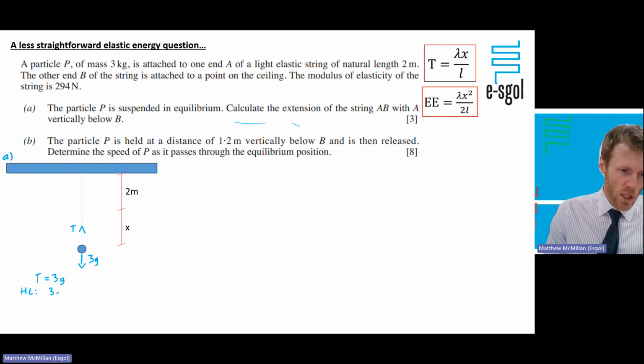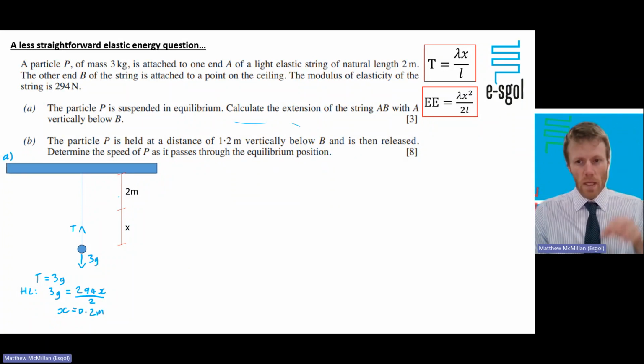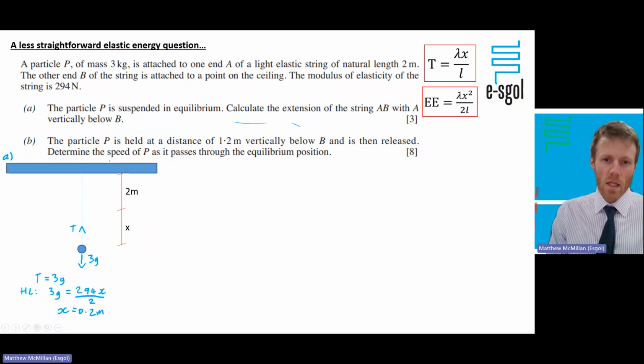So 3g, which is the thrust or the tension or whatever we're getting as the force, is equal to 294x over 2, and that gives us x as 0.2 meters. So that first bit is not particularly tricky, very similar to what we've done. It's the second bit that I was more interested in, because that is looking at using the elastic energy.